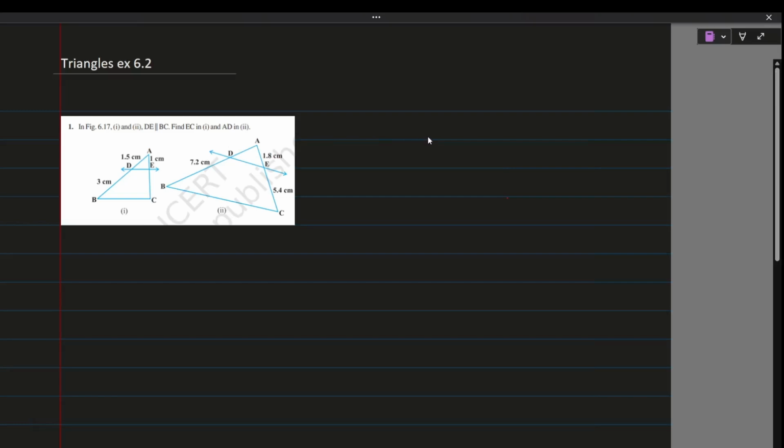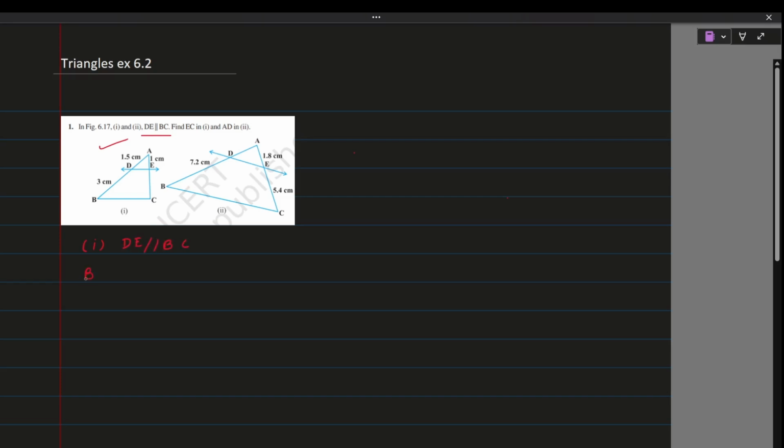In this video we are going to do exercise 3.2, and we're starting from question number 1. In the first figure it's given that DE is parallel to BC in triangle ABC.